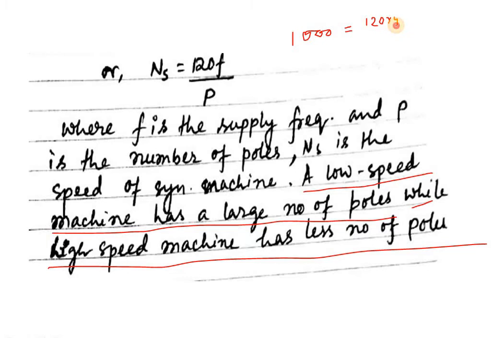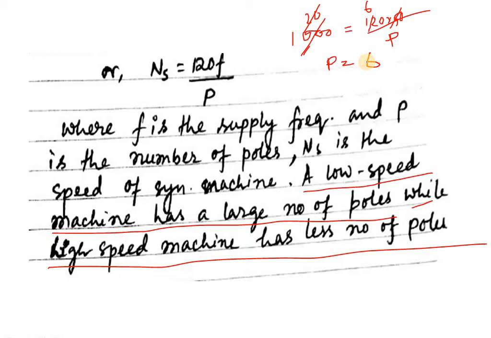Then what will be our number of poles? 120 times 50 divided by 1000. This is 6. That means the number of poles is 6 when our RPM is 1000.